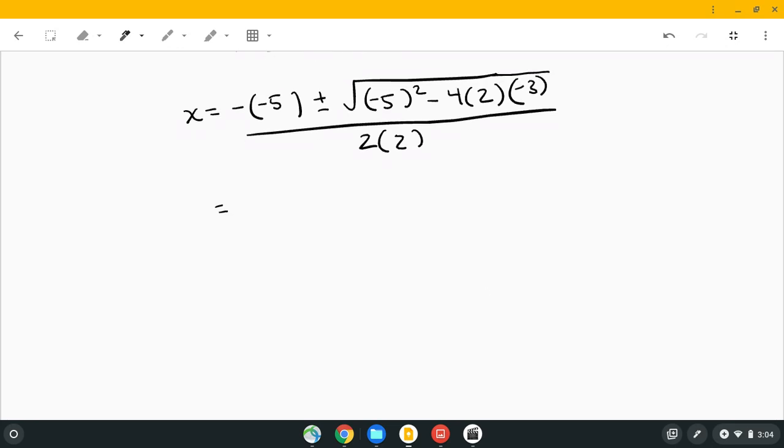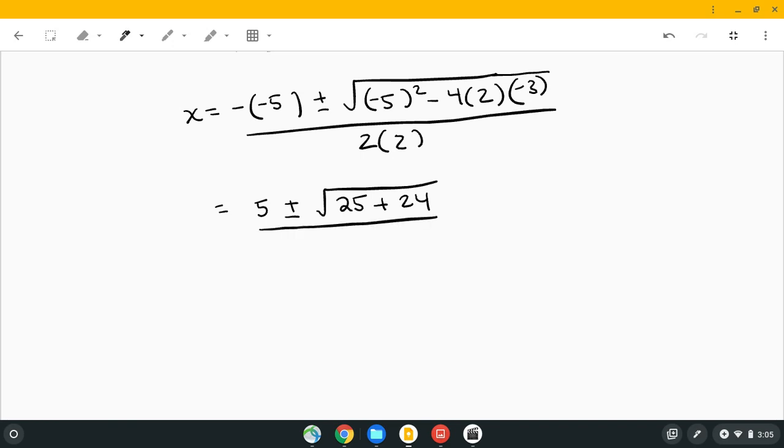Okay, so double negative right here becomes positive 5. And right here, negative 5 squared means negative 5 times negative 5, which is 25. And then over here, this is like negative 4 times 2 is negative 8. And then negative 8 times negative 3 is positive 24. Okay.